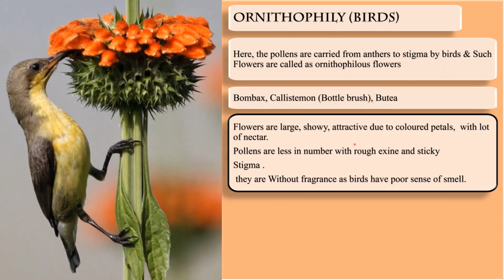Such flowers are large, showy, attractive due to colored petals. They also produce a lot of nectar. Pollens are less in number with rough exine and stigma is sticky. They are without fragrance as birds have a poor sense of smell.